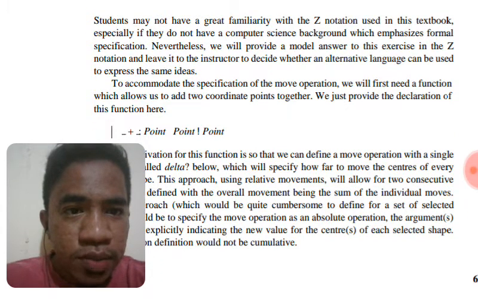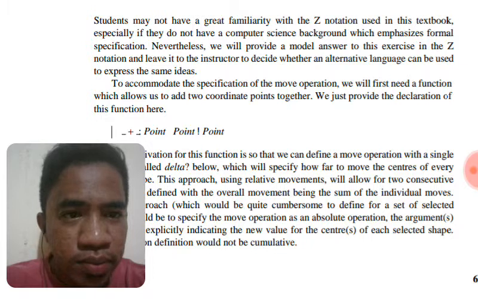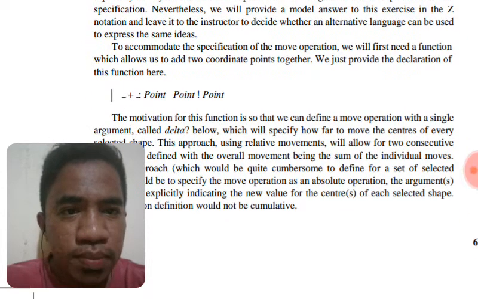To accommodate the specification of the move operation, we will first need a function which allows us to add two coordinate points together. We just provide the declaration of this function here. Point.